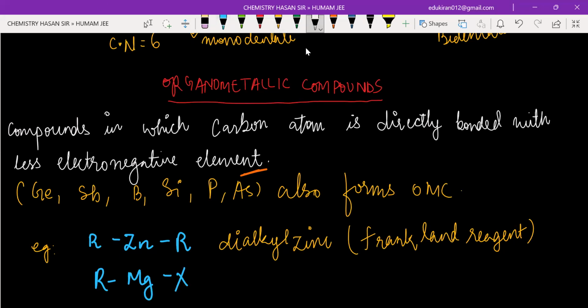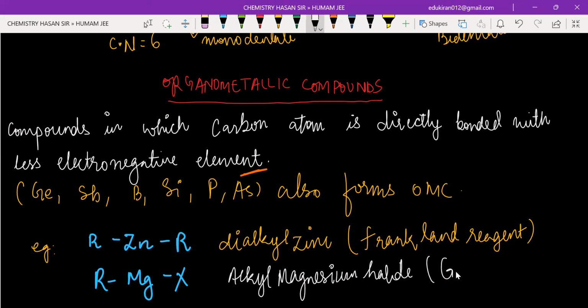Another example that we can take is your RMgX that you already know. Mg is less electronegative than carbon, and this is known as alkyl magnesium halide, also known as Grignard reagent. Are you getting my point? Yes or no? Yes.